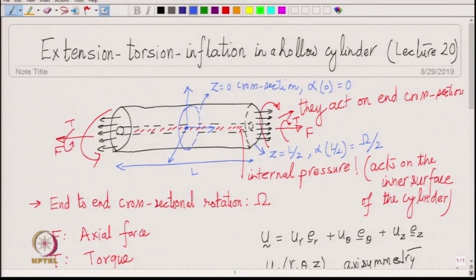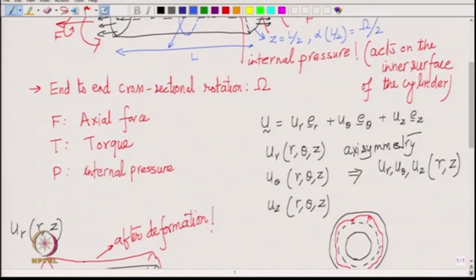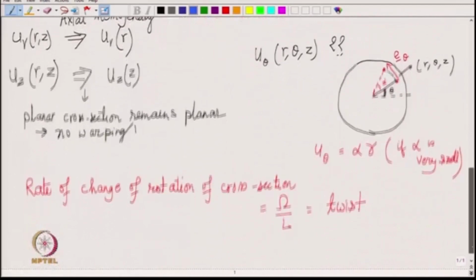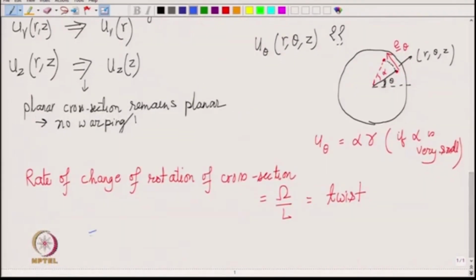So, what would be alpha for any z? So, alpha for any z is simply the rate multiplied by z, is not it? So, we can write here that alpha for any cross section at z is the rate which is omega by L multiplied by z.